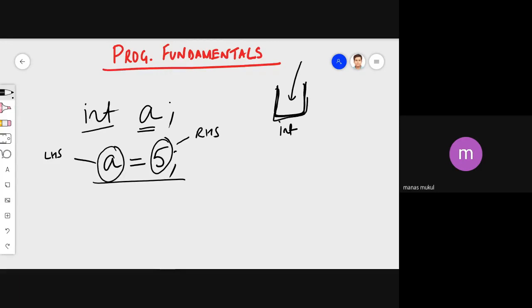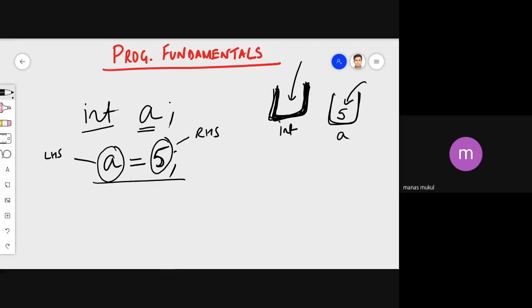That means this is my storage, this is my container, this is present in the memory. That means in the memory this container is allocated, right? And the name of this container is a, and this 5 is being put inside this container. So the value is being put inside a.